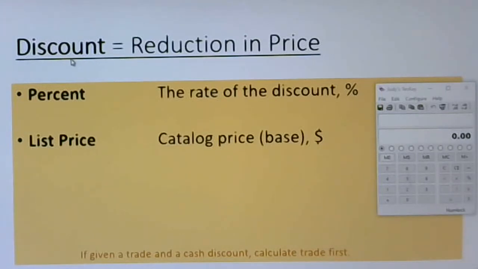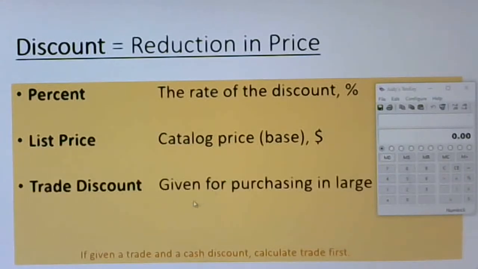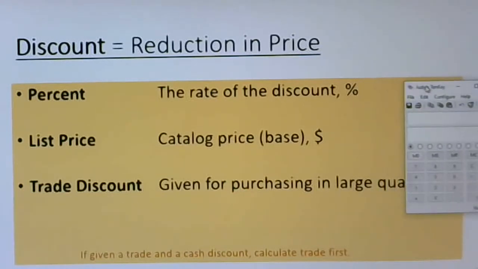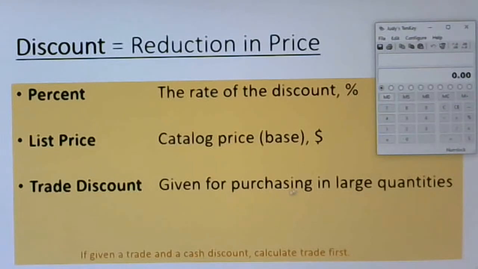We don't pay that price. So list price is the catalog price, the dollar amount, and then the trade discount is the discount that we at COS get because we buy in such large quantities. The store gives us a trade discount.